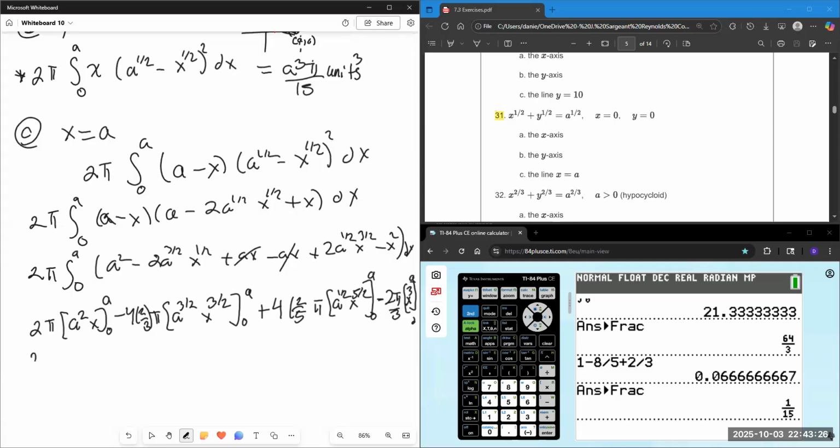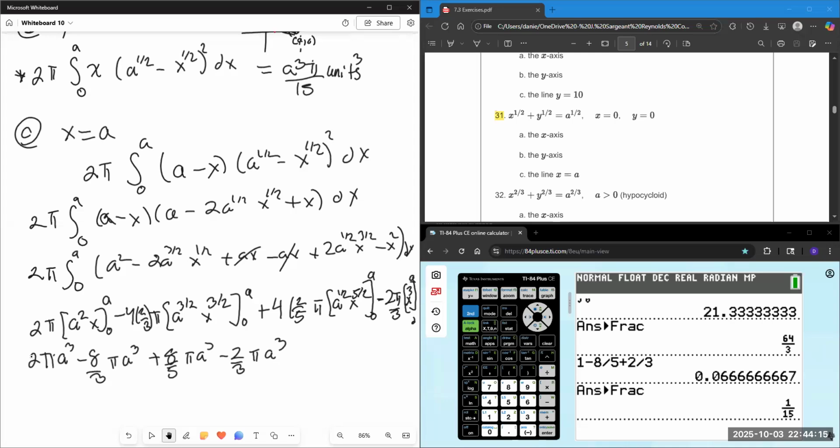It's going to be 2 pi a cubed minus 8/3 pi a cubed plus 8/5 pi a cubed minus 2/3 pi a cubed.